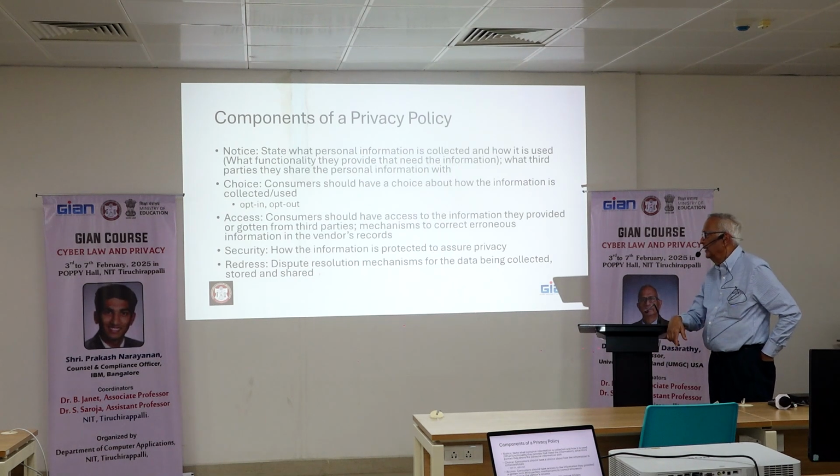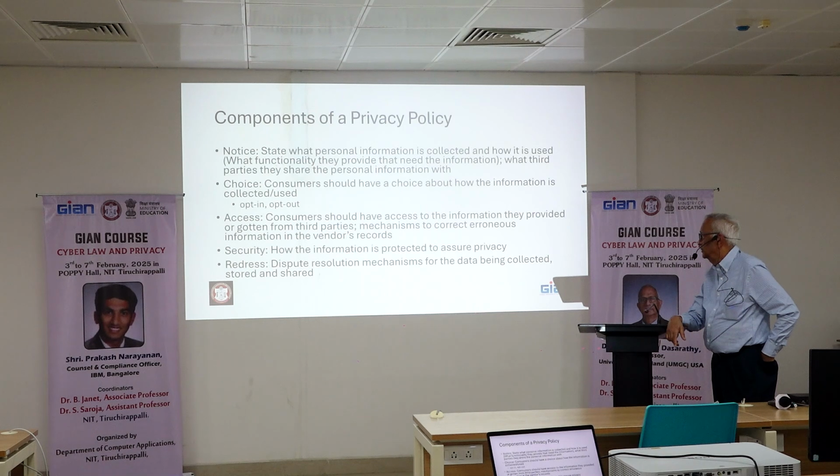Finally, they should tell you how the information is protected to assure privacy. What are the steps they are taking to give you the data protection that you need? And the privacy policy should also have redress. In other words, if you dispute something and they don't agree with it, you should be able to take it to the next level.